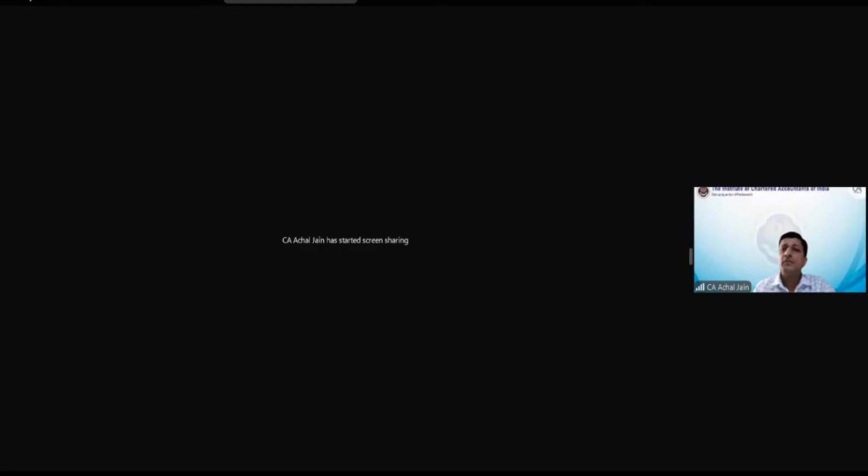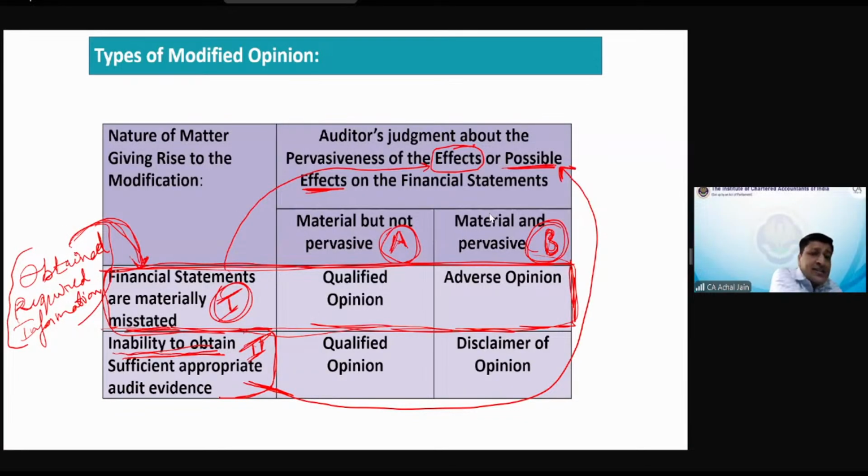Now, if the auditor is unable to obtain sufficient appropriate audit evidence, and the auditor believes that the possible impact is material but not pervasive, we are still on this chart and this conclusion.